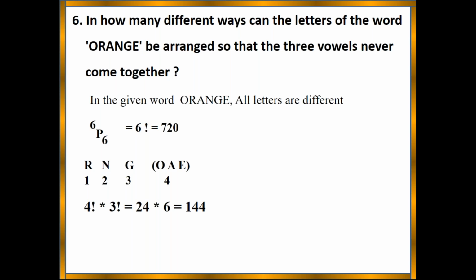So 720 is the total words. Out of that, 144 are the words where the vowels always come together. So the remaining 720 minus 144 are the words where the vowels never come together.